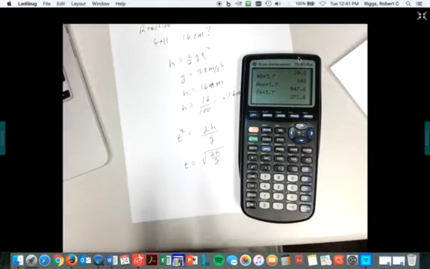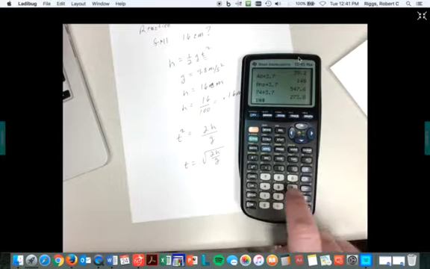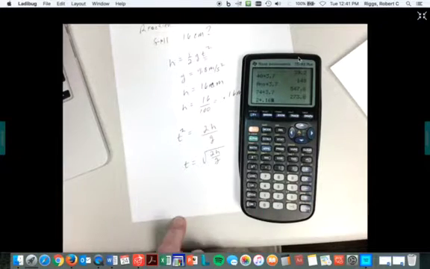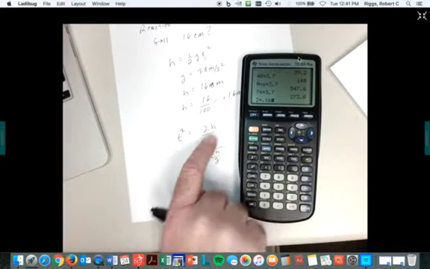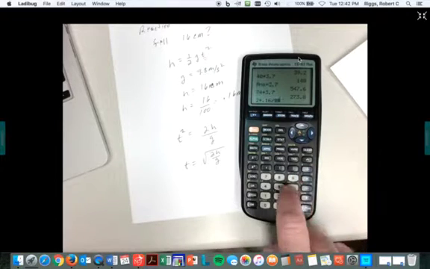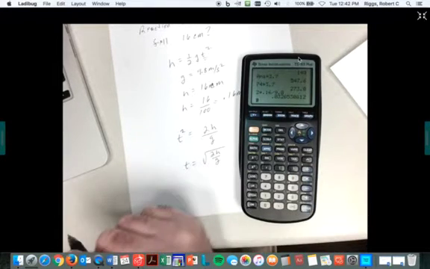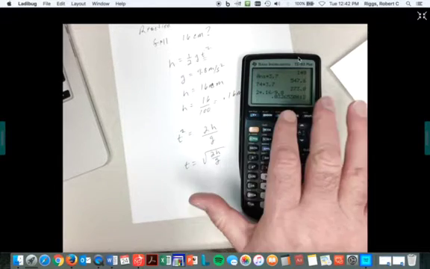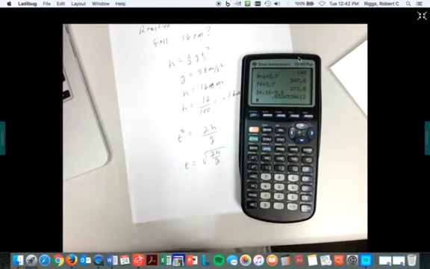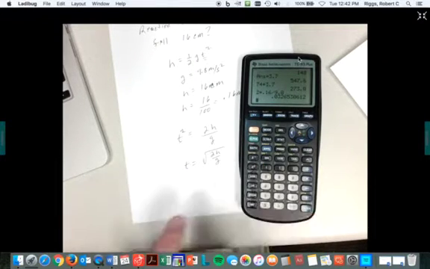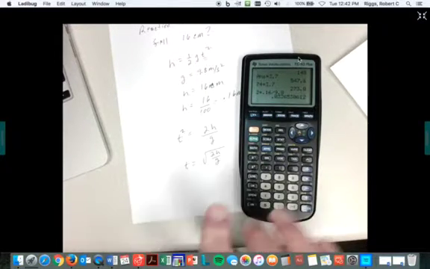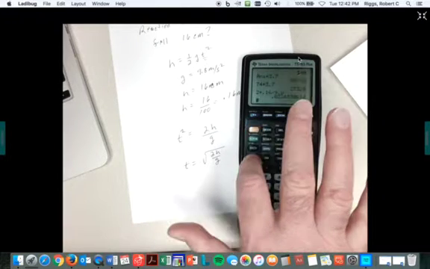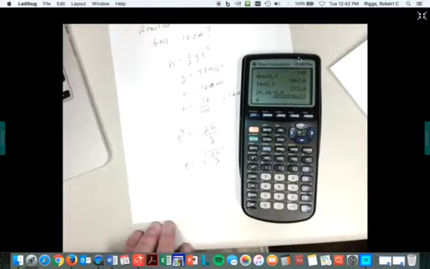On a regular calculator, I would go 2 times 0.16, divided by 9.8. So that's my t squared. And then my time becomes the square root of that. On a basic calculator, you just hit your square root key. Usually you got to hit the yellow second key because the square root function is up here.